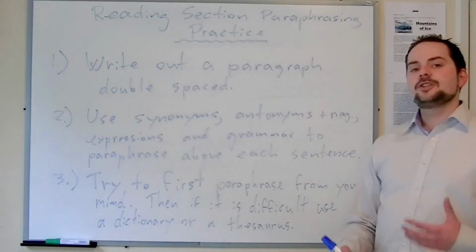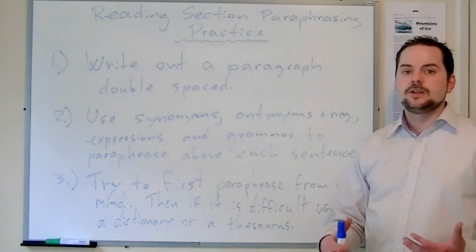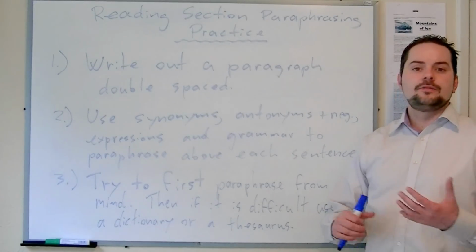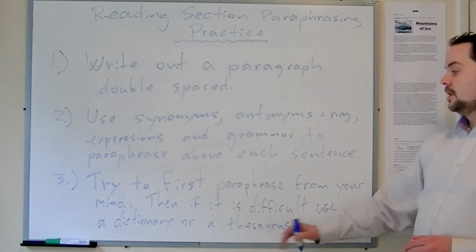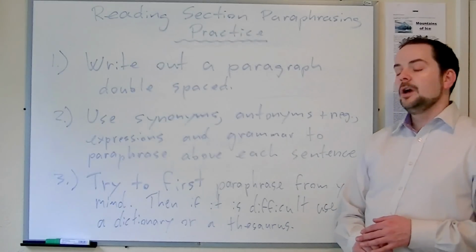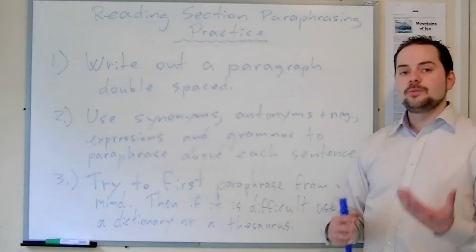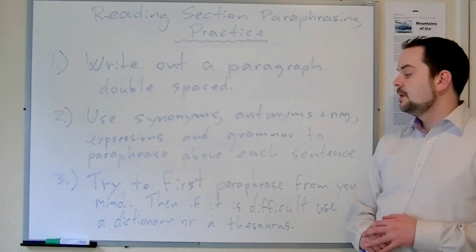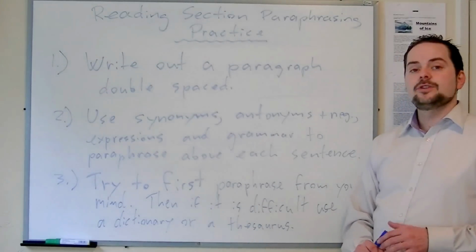A thesaurus is a special kind of dictionary which basically paraphrases for you. It gives you synonyms and so on. A lot of different types of computer processing software can also do this for you. So first try it with your own mind. You'll be surprised how much information you already know. And then if you're having some difficulty, use a dictionary or a thesaurus.